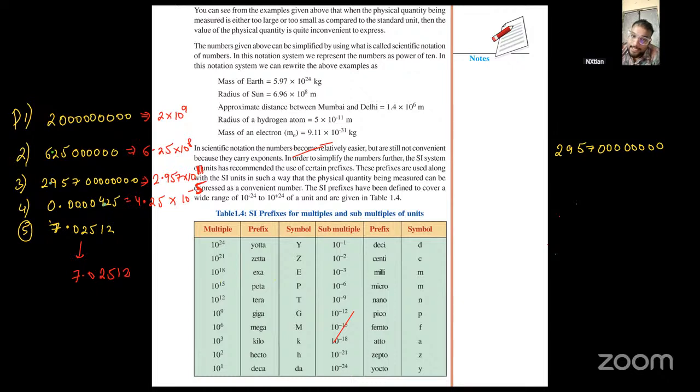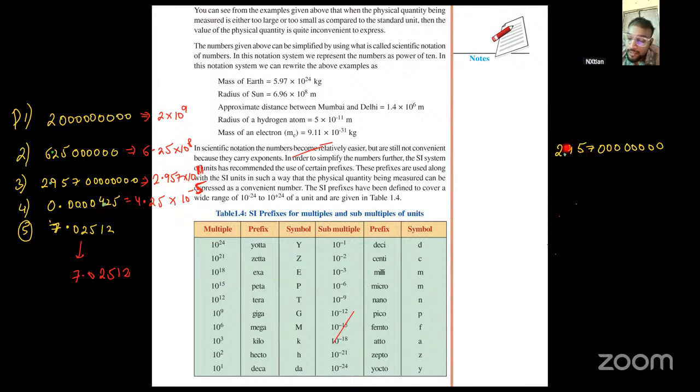Now listen, Joshua. I told you that while writing scientific notation, we need a point after one digit. So now the first digit is 2, then we need a point here. After the point, every number, I don't care if it is 0, 2, 5, or 7, every number after the point will be counted as a power of 10.